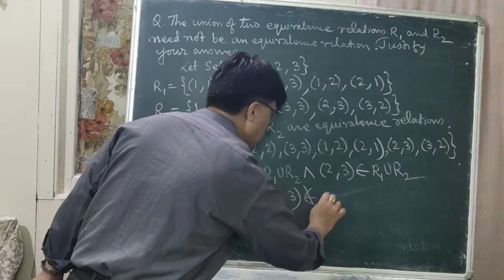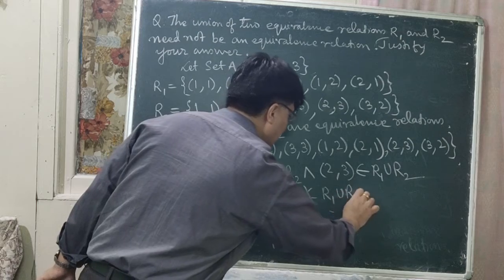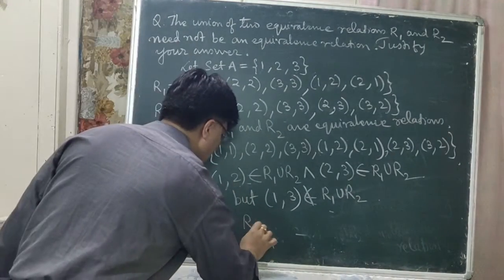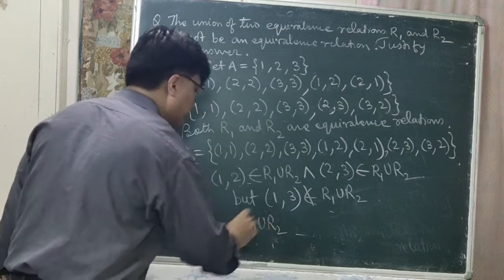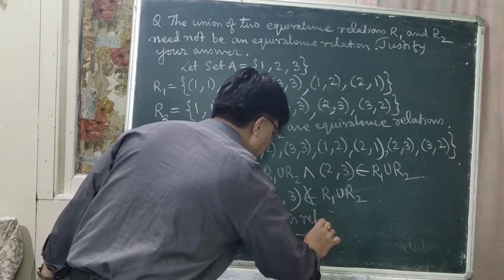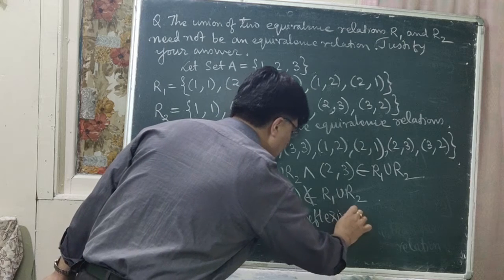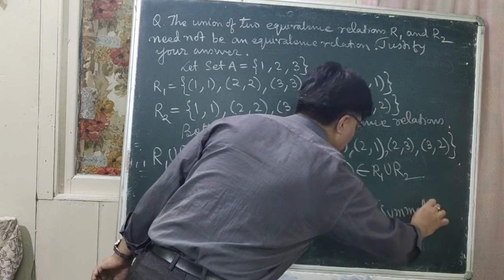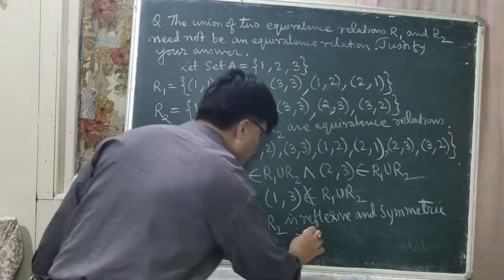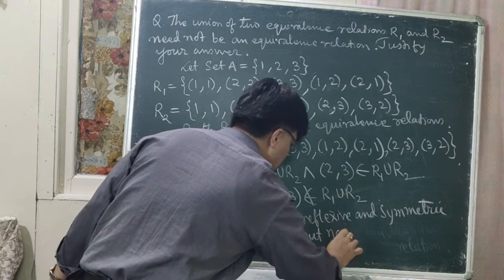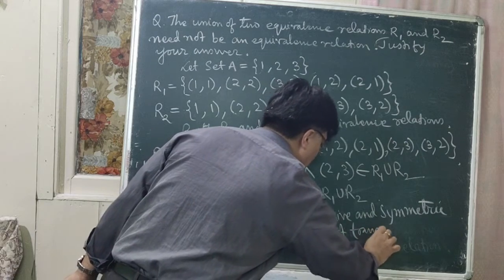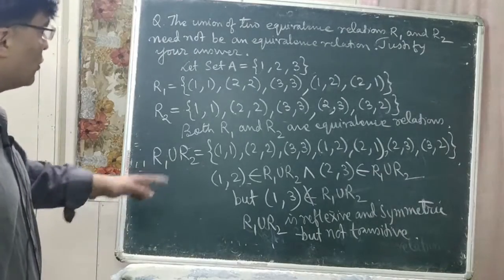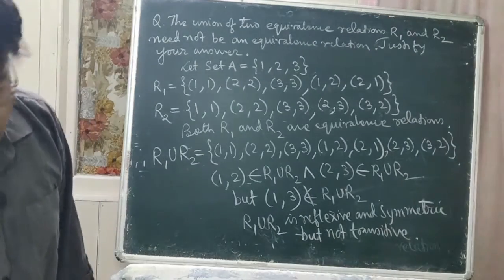So it does not belong to R1 union R2. Therefore R1 union R2 is reflexive and symmetric, but not transitive. So R1 union R2 is not an equivalence relation.